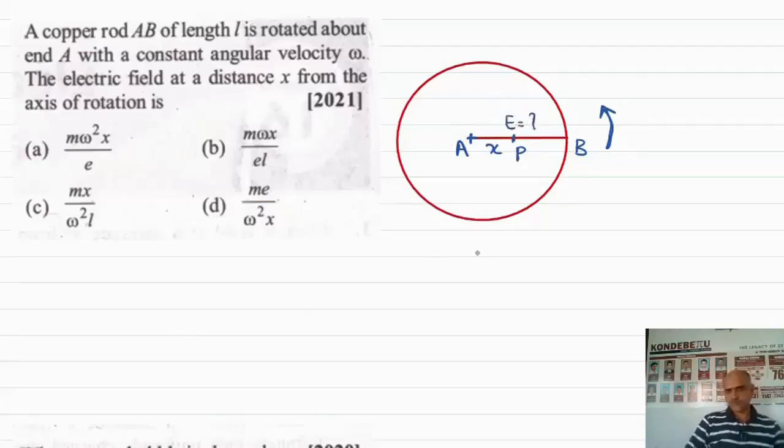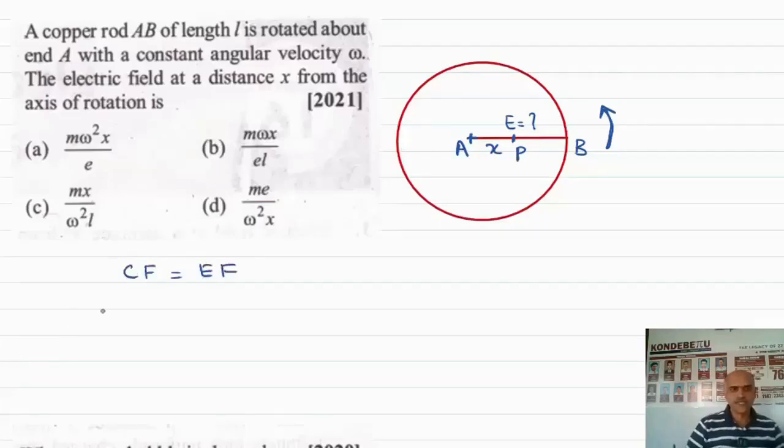Here you are required to find the electric field. Now, when a particle or a body is having uniform circular motion, there will be centripetal force. That centripetal force is equal to the electric force here.